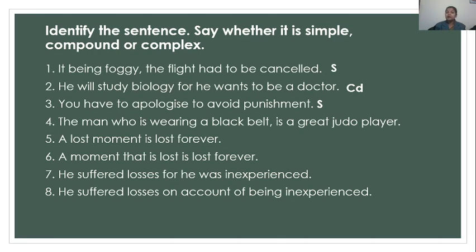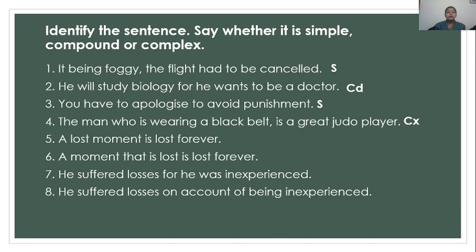So somewhere it is depending on the other clause. So it means that is a great judo player is my independent clause, and the man who is wearing a black belt is the dependent clause. So what type of sentence is this? It is a complex sentence.